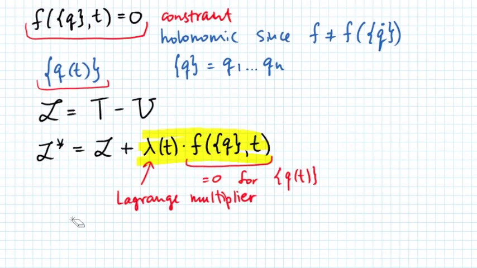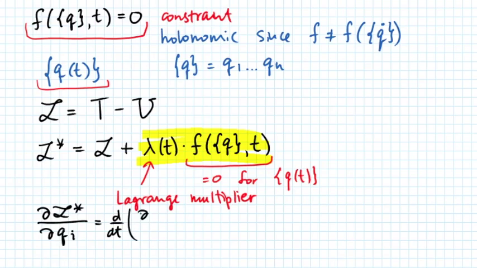We write the new equations of motion for each component q sub i as the partial derivative of the modified Lagrangian with respect to generalized coordinate q sub i equal to the full time derivative of the partial derivative of the modified Lagrangian with respect to velocity q sub i dot.